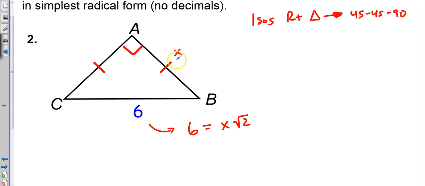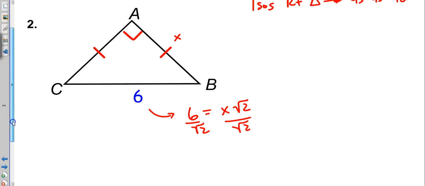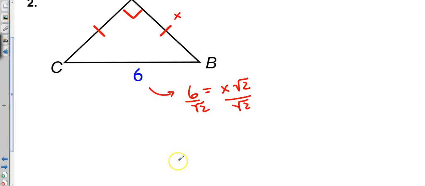So in order to solve this, we've got to solve for x, divide by root 2, divide by root 2. And thinking back to Algebra 1, or just our basic algebra principles when we're dealing with square roots, we know we can't have a square root in the denominator. So I've got to make sure that I rationalize, get that square root out of the denominator, and in order to do that, I need to multiply by root 2 over root 2.